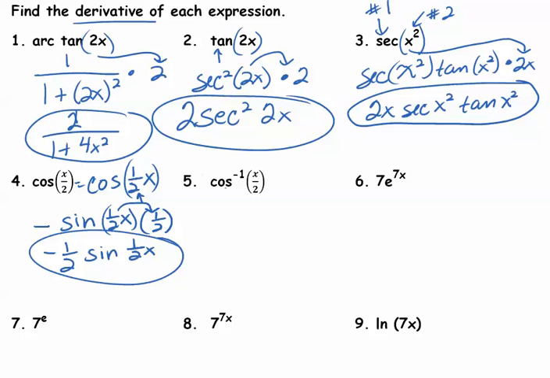The derivative of arc cosine, and this one takes a little bit of extra work here. Remember, it's negative 1 over the square root of 1 minus our argument or glob squared, times the chain rule on our glob, so that's our 1/2 again.